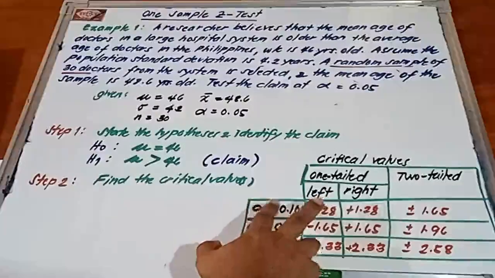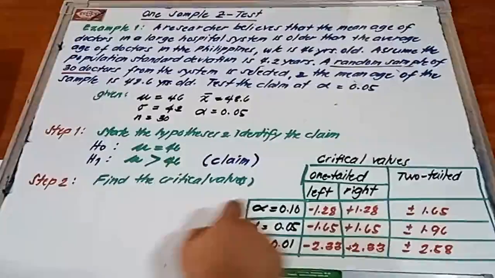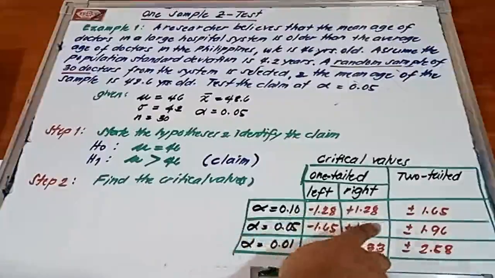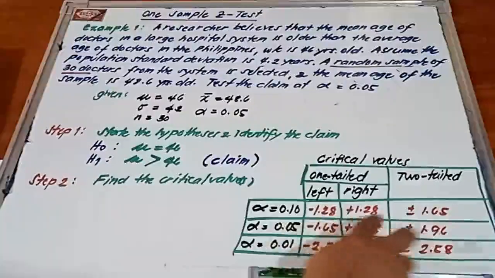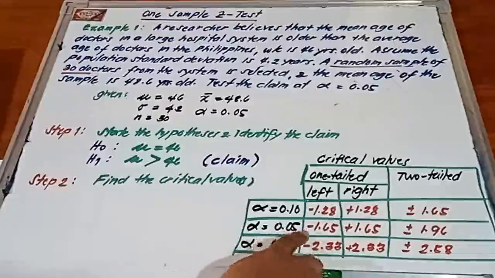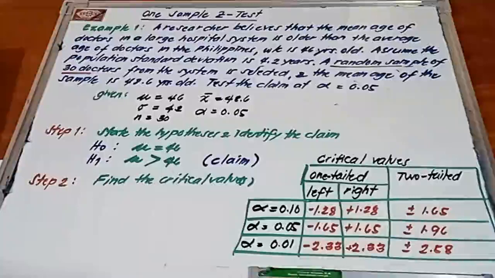For one-tailed left, alpha equal to 0.10, the critical value is negative 1.28. And if alpha 0.10 at the right-tailed, we have positive 1.28. For two-tailed, that is plus or minus 1.65. For alpha equals 0.05, we have here negative 1.65 and positive 1.65 for left and right-tailed.